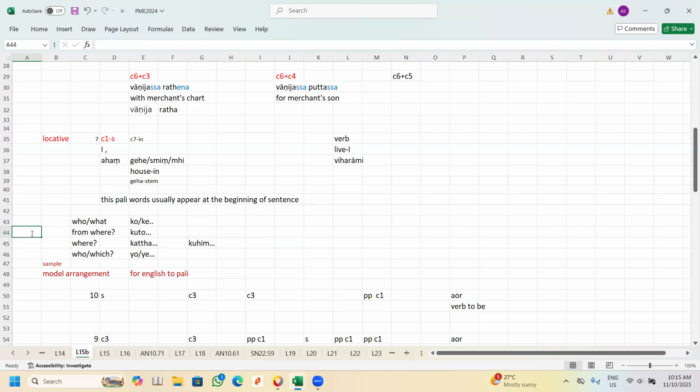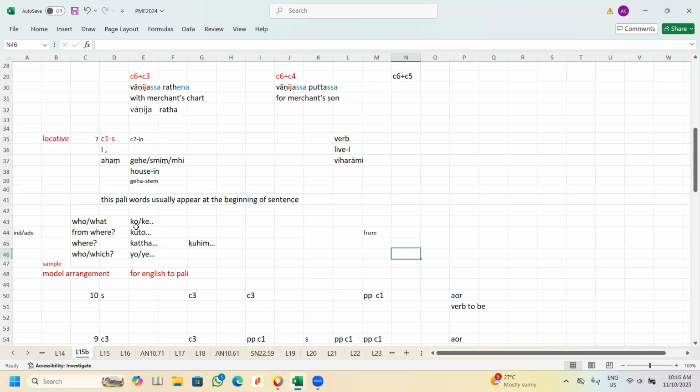Sometimes they cannot classify whether it's an adverb or something like that, so they just put it in as an indeclinable. Now, if you look at this verb, in Pali there is no word for from. You have no word for from. So it has to combine with something else. For instance, the word to is used to show from.